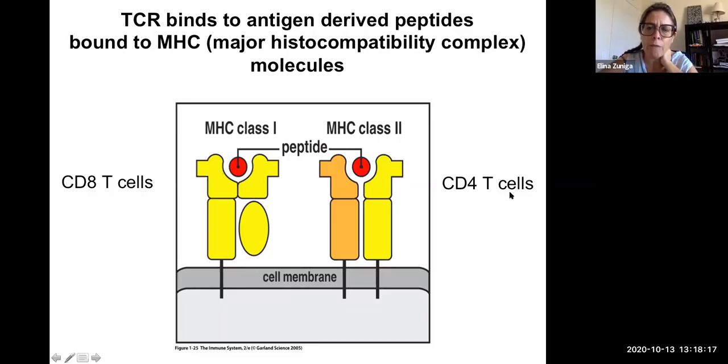And CD4 T cells only see antigens when they are presented in the context of MHC class 2 molecules, okay? So TCR binds to antigen-derived peptides presented by MHC molecules, the major histocompatibility complex molecules.